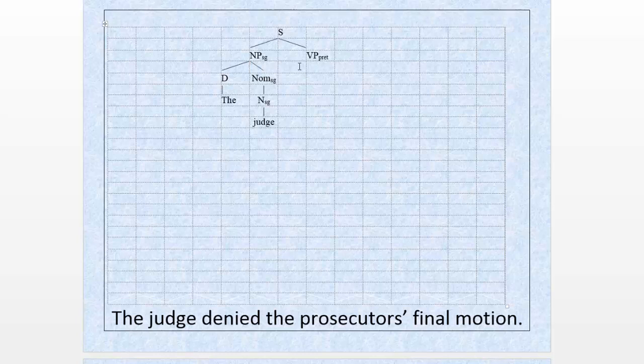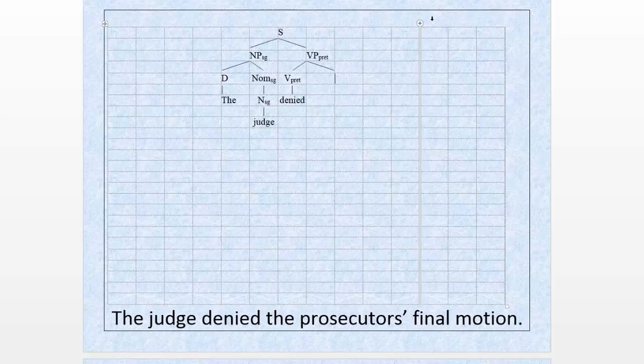All right, now how about our predicate? So the judge denied. So denied is going to be the verb. Again, let's make a little more space there. Okay. There we go. All right, so the judge denied. What did the judge deny?